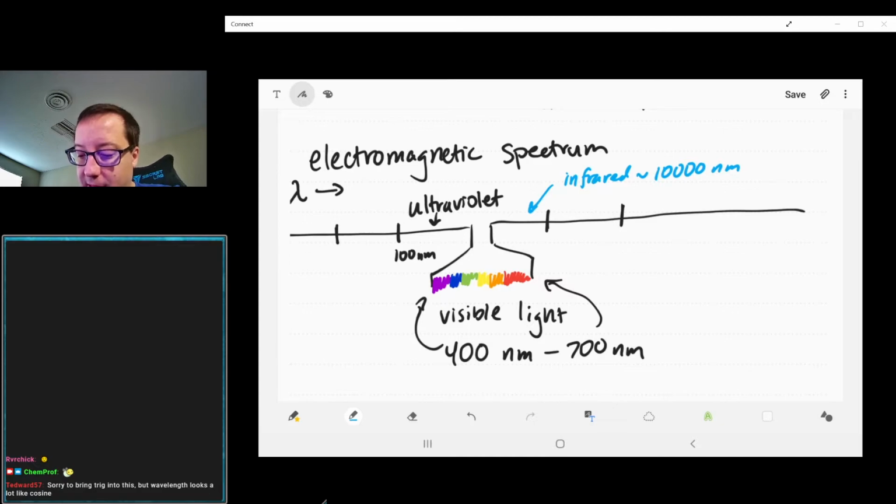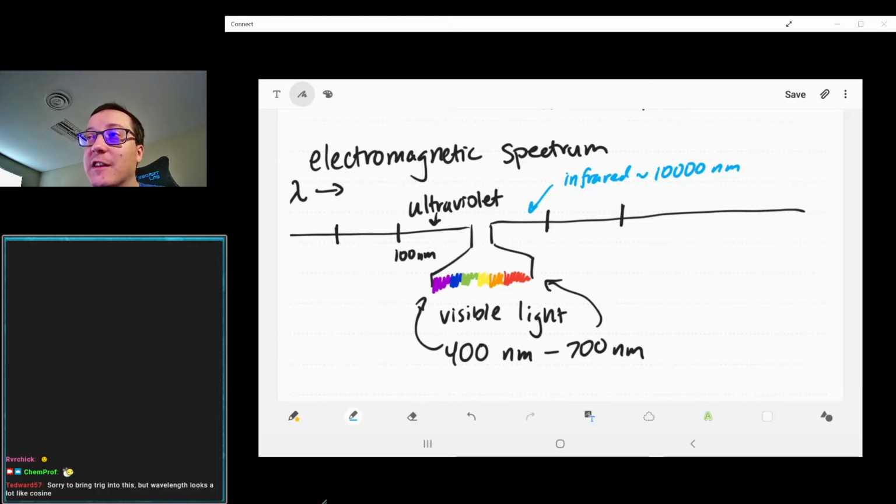You're probably familiar with the fact that ultraviolet light is definitely harmful to us, right? We have to put sunscreen on when we go out into the sun for long periods of time because UV light is harmful to us. It has enough energy to potentially cause mutations in our DNA that we don't want.